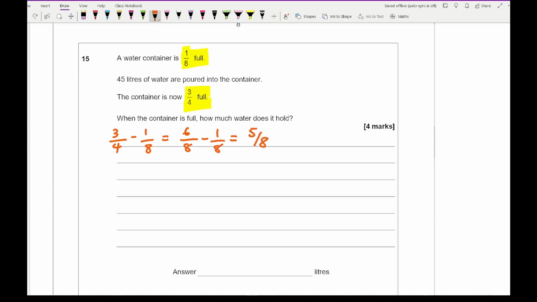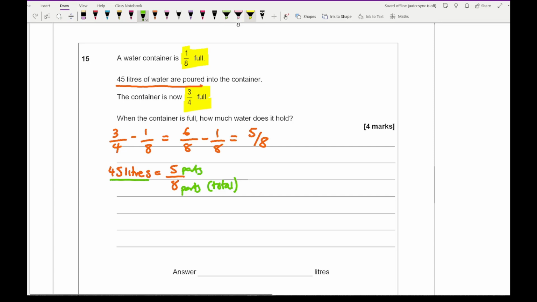Now it then says that 45 litres was poured into the container, so 45 litres equals 5/8. Now the 45 litres is basically 5 parts, and 8 parts is the total.